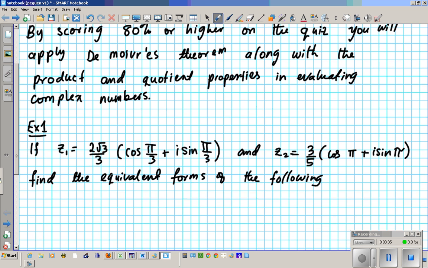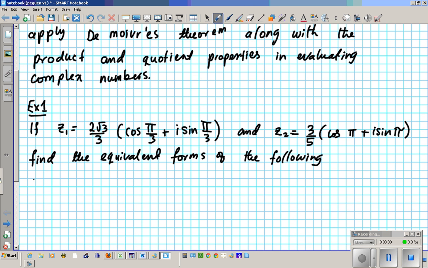The A part will be z1 times z2, and the B part will be z1 over z2.